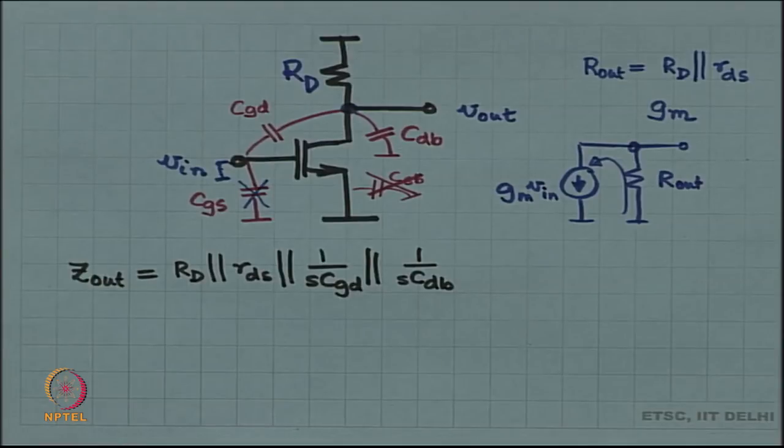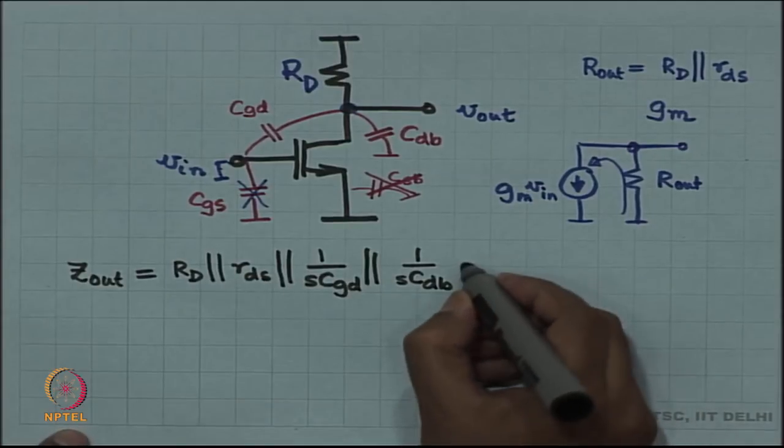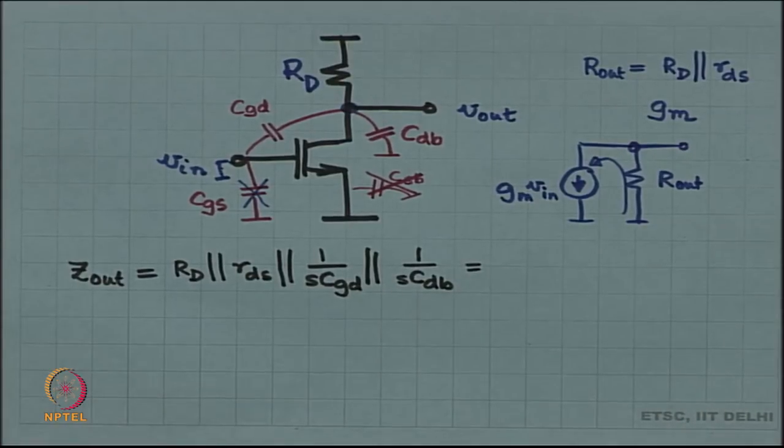Fine. And do you know how to simplify this? I am sure you know how to simplify this given time. Given no time, can you simplify this? There is a trick. So, let us see what that trick is. It is a very nice trick.